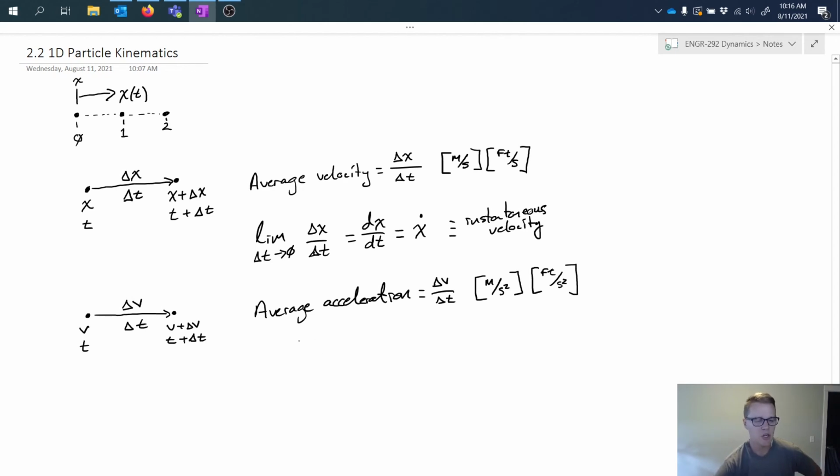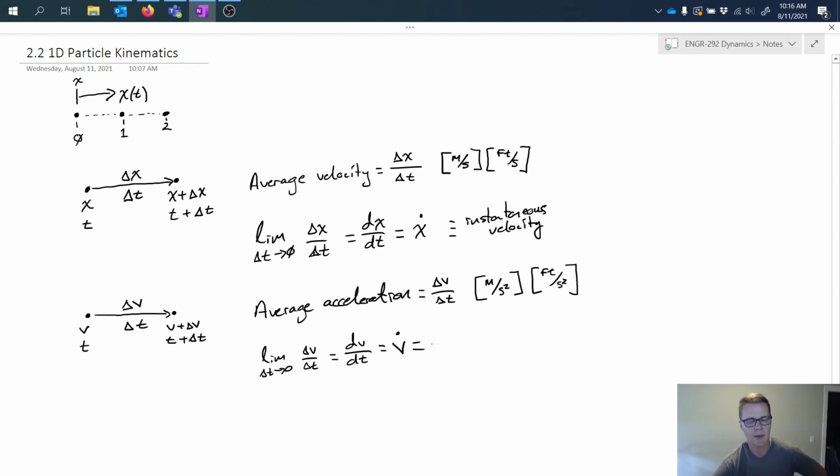The same condition applies, that I can take the limit of this function as delta t goes to 0, and I get dv by dt, which I could write as v dot in the same way as I did above.